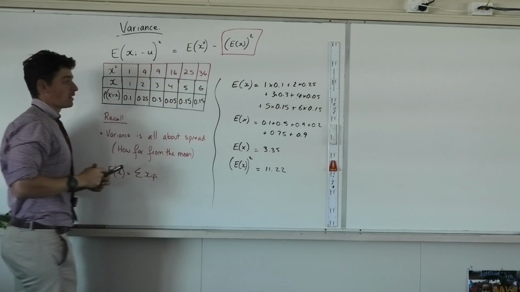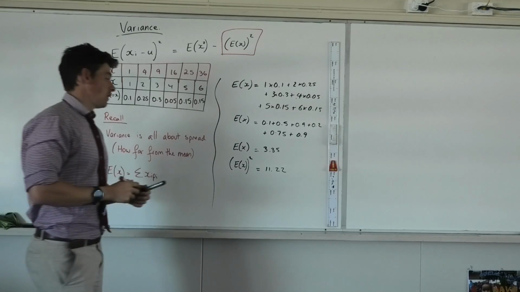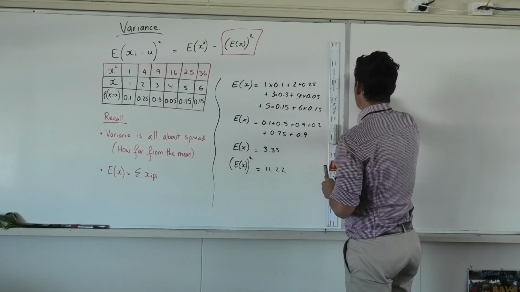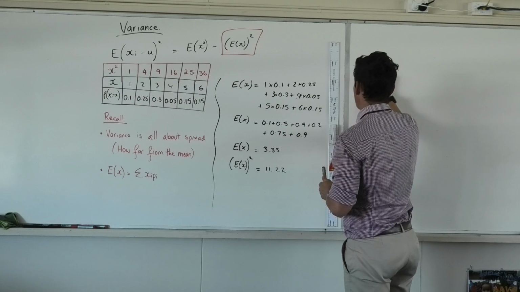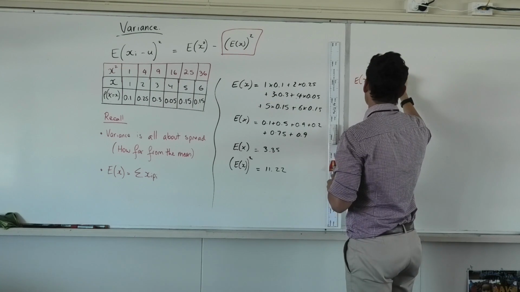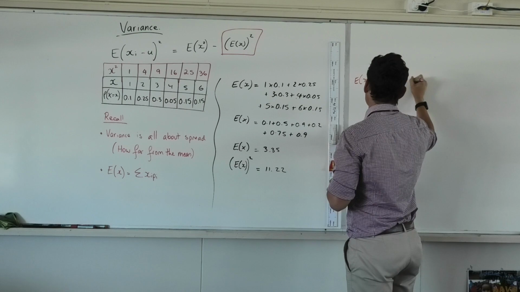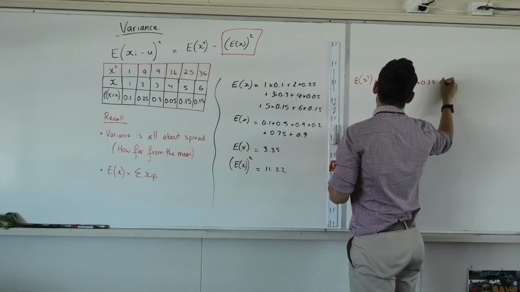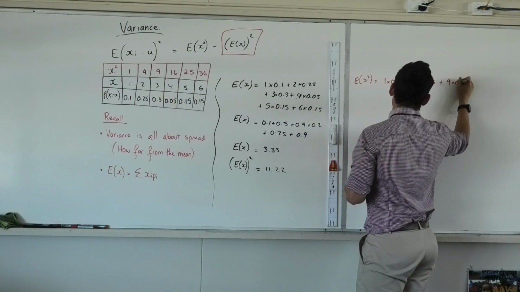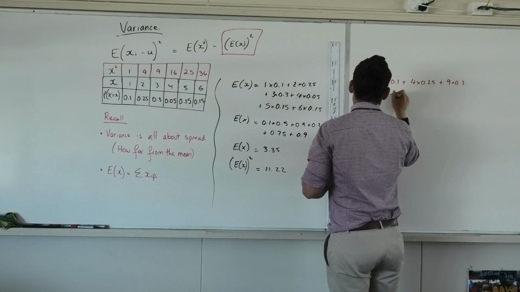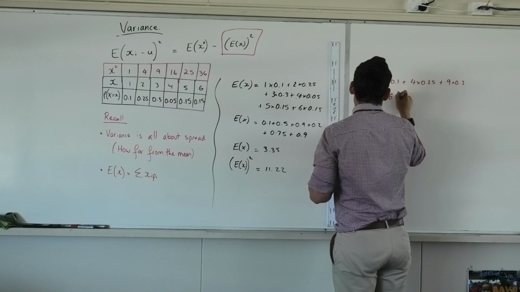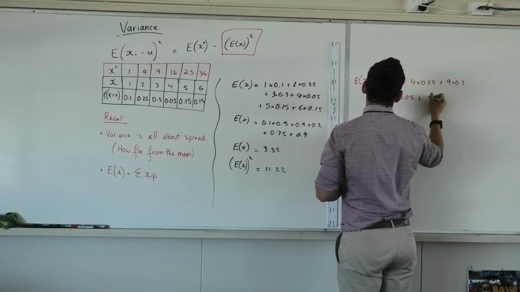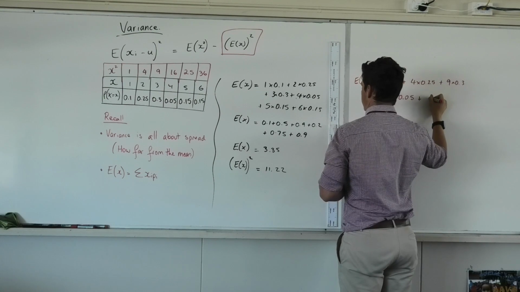And now I do exactly the same thing, but I don't need to square the value, I'd put E[X squared], I'll do this one in red, equals 1 times 0.1 plus 4 times 0.25 plus 9 times 0.3, what is it? 5.